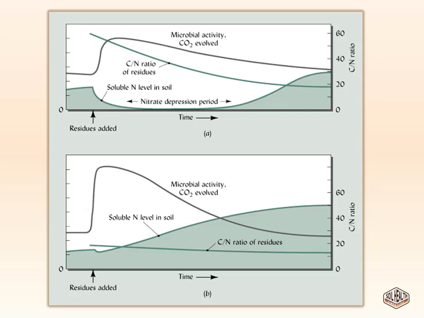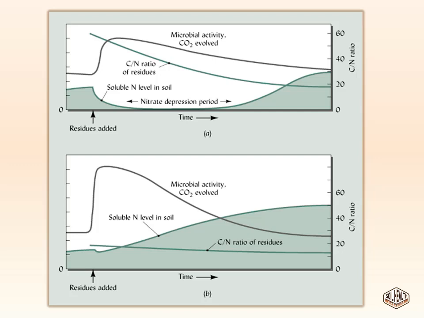This is another set of charts which are illustrating the same dynamic, but with two different types of residues. The one at the top shows the addition of a residue with a relatively high carbon to nitrogen ratio, in this case about 60, shown by the green line starting point at the left.